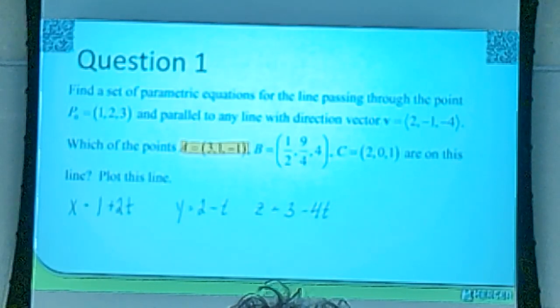Now I have to decide if the points are on the line. We'll start with that. 3, 1, negative 1. We're going to decide if it's on the line. Is there a parameter t that gives you x equals 3, y equals 1, z equals negative 1?